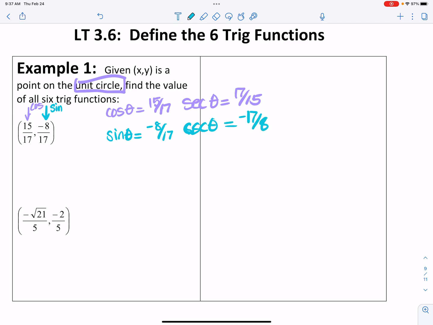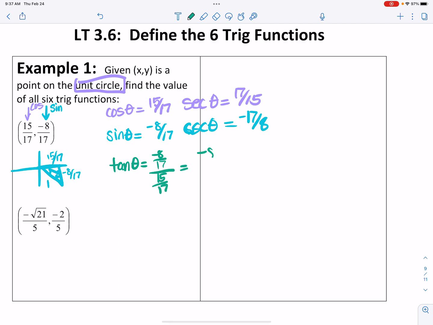Now, tangent is the hard one. If I draw this triangle, it's going to be going down, not up, down here in quadrant 4. This is 15/17, this is negative 8/17, this is 1. When I do tangent, that's opposite over adjacent, so I'm going to do the y divided by the x.